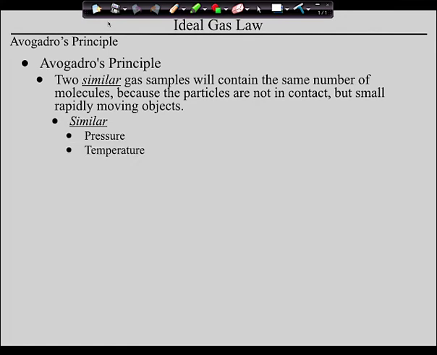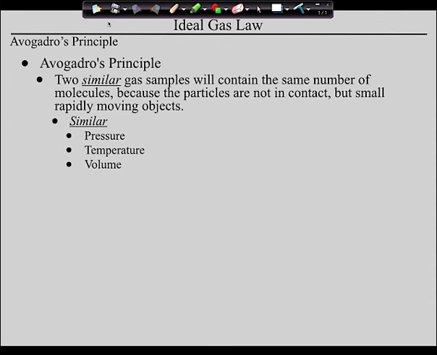Same pressure, same temperature, same volume. So guys, if they have the same temperature, the same pressure, and the same volume, they will have the same number of molecules. And again, guys, as Avogadro was developing this idea, that's where he started thinking about counting molecules, which ended up with the idea of the mole. So there you have it. You guys okay with the idea?